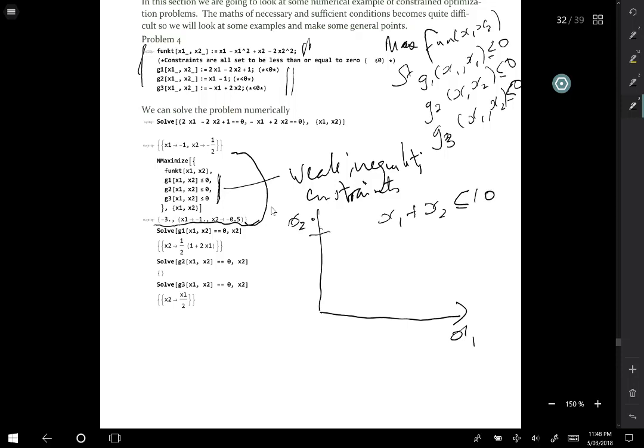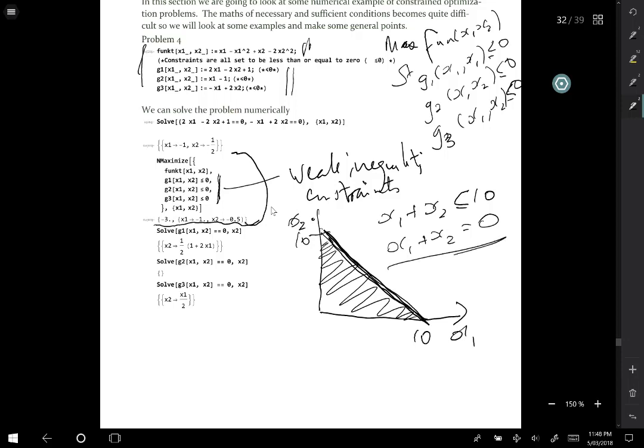Then that means that you can have a solution that lies within that set there. It doesn't need to necessarily be along that constraint line there, so there's no requirement that the constraint is set equal to 0.